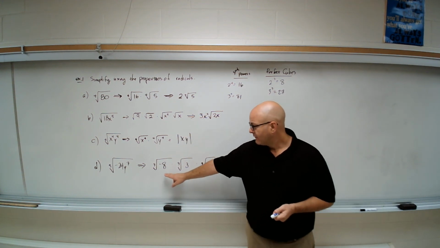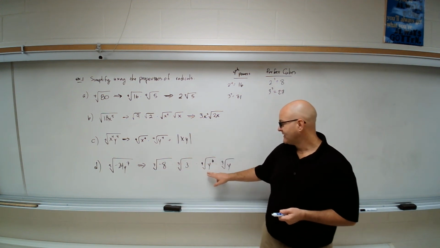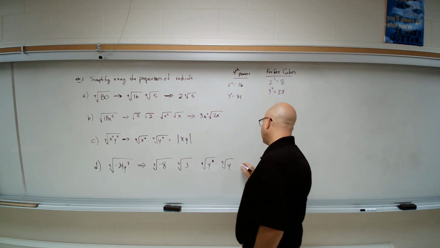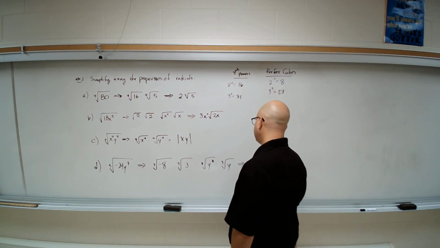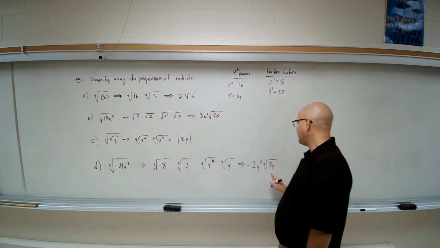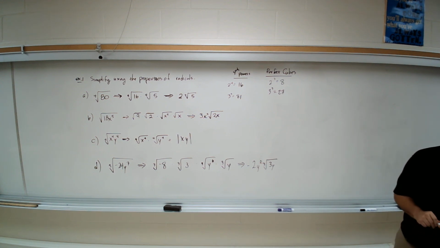So here, we know the cube root of negative 8 is negative 2. And then this is going to become y squared, correct? On the outside. So we're going to get negative 2y squared times the cube root of 3y. That's how that would look. Is that working for us there?